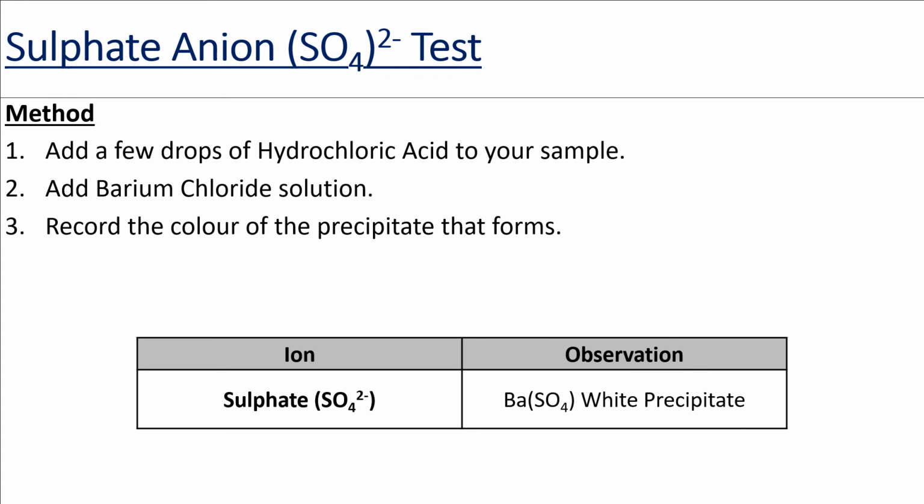Now you don't have to use barium chloride. You could use barium nitrate. You'd get the same result. Only you'd have to use nitric acid because barium nitrate needs nitric acid to acidify it. Either way, if a sulfate is present, you get barium sulfate produced, which is a white precipitate.